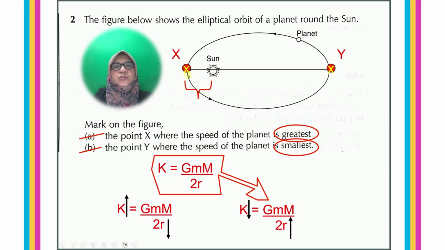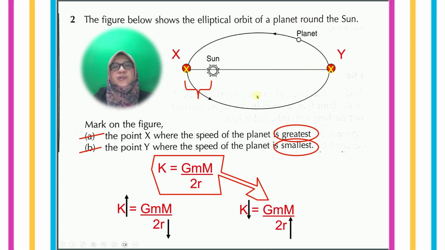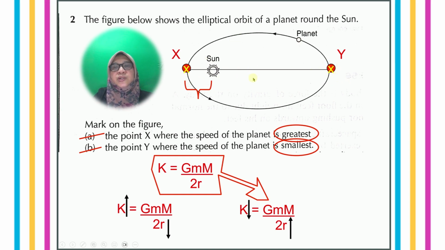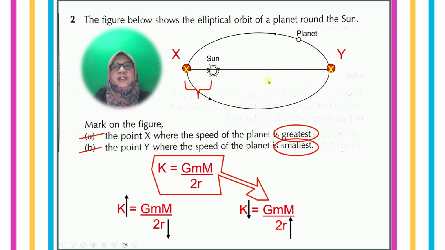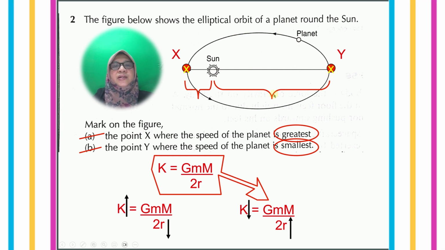You draw the line joining the sun and the planet, a straight line here. Actually, this is the diameter of the shape of the elliptical orbit. You must draw these two lines to show that this is the smallest distance, and this is the largest distance for the path of the planet around the sun.